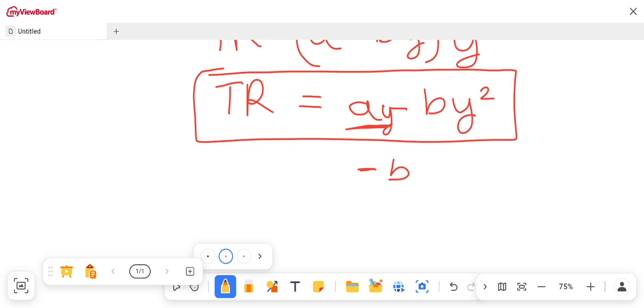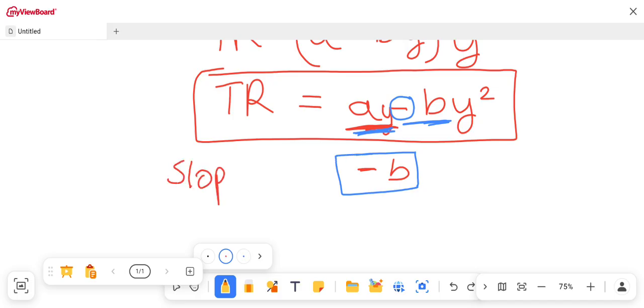Because this is the intercept and this is the minus, which is not visible, so I am marking it with blue. This is the minus, so it is minus B, okay? So this is the intercept and this is the slope, so slope of total revenue is minus B.